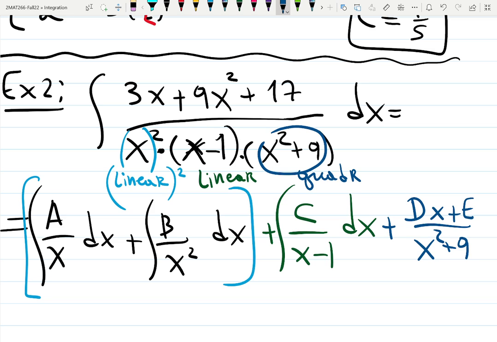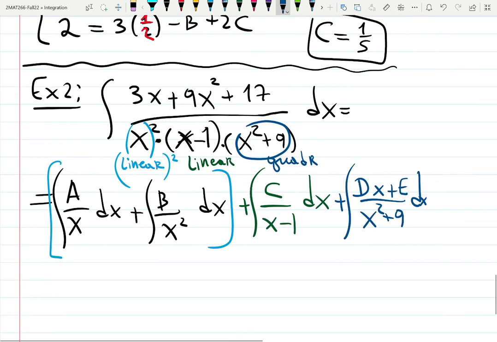O, I saw O, but it looks weird. Any other letter is fine. dx. So this is what we will be testing quite hard to see if you understand how to build those integrals. A over x, B over x squared comes from the x squared. C over x minus 1 comes from the linear part in green, x minus 1. And finally, x squared plus 9 is quadratic, so it's Dx plus E.